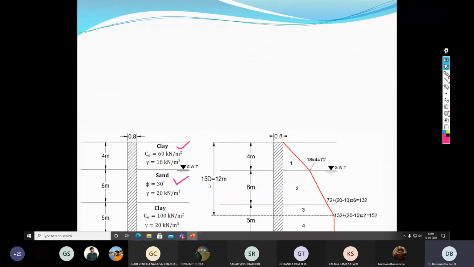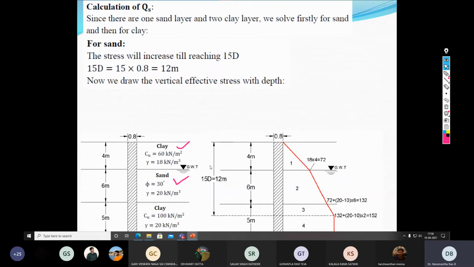Here, 15 times D comes at a depth of 12 meter. The stress will increase linearly up to approximately 15 or 20 times D. You can assume either, it doesn't matter. In the present case I have taken 15 times D. So 15 multiplied by diameter 0.8 is 12 meter.